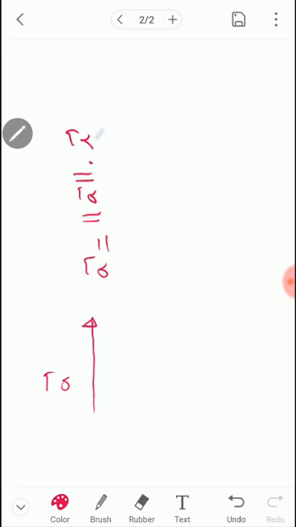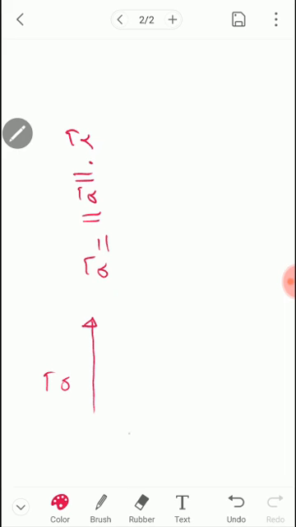So let's define a vector I, which will help us to calculate all the vectors with a theta equal to 0.